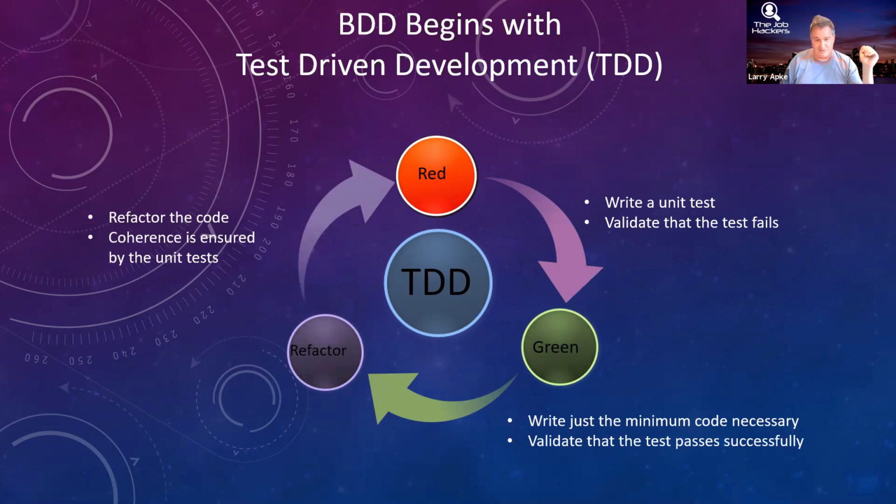What does refactoring mean for those of you who don't write code? If you haven't written code, you have written the 5-paragraph essay. I know that because my son was a freshman in high school. He just finished this past week, right? Last week. And what did he have to write in English? He had to write a 5-paragraph essay. When you write a 5-paragraph essay, you write it and then you hand it in, right? No, of course not. You write the 5-paragraph essay and then you edit it.